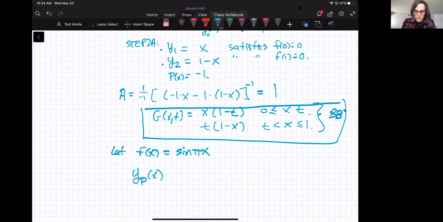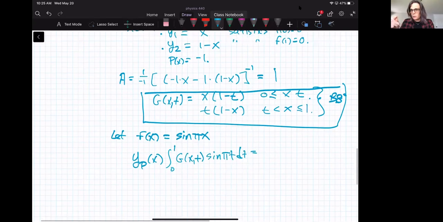So this integral, 0 to 1 of g of x t times sine pi t dt, is now equal to, breaking up this integral into 2 pieces. And this is why it gets a little hairy. We're trying to find the functional form of x. So actually, give me a little space here.